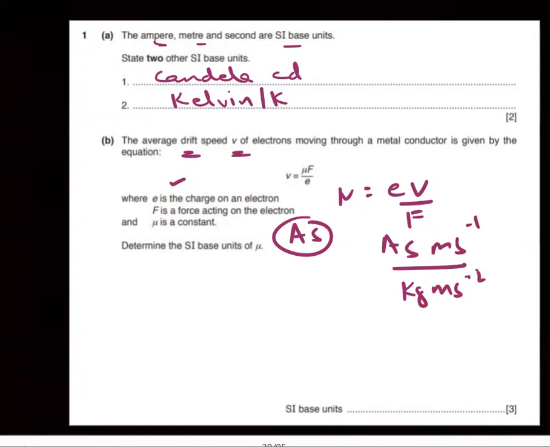Simplifying them, we are getting a final answer A into kg minus 1 into s squared. This is our SI unit. Hope you guys have understood this. Okay, moving further.